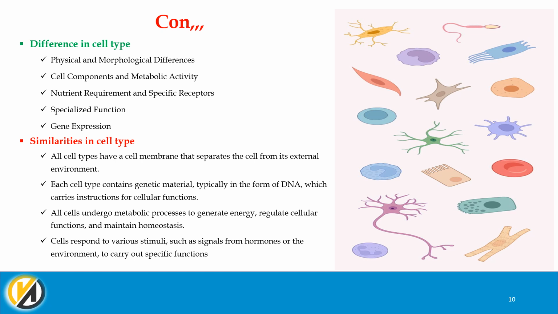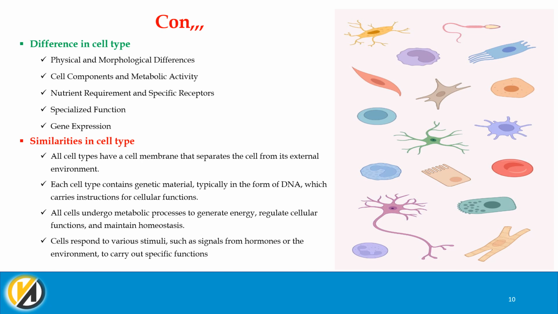Sperm cells also have different morphological characteristics, and they have different physiological or metabolic activities in the body. In addition, they have different nutrient requirements and specific receptors for their basic nutrient requirements. They also have specialized functions and gene expressions.